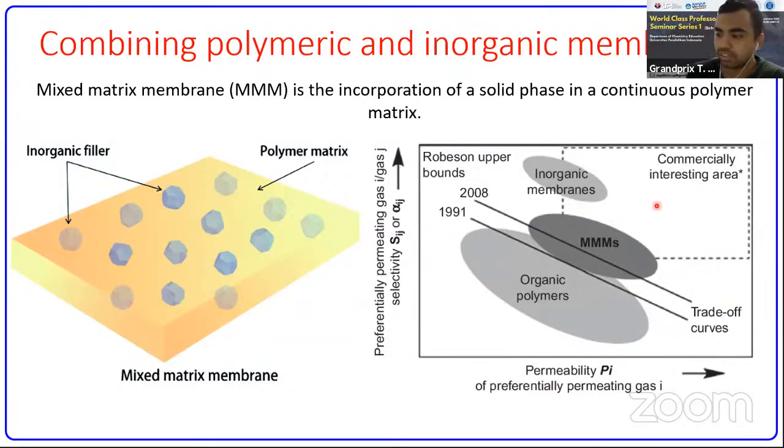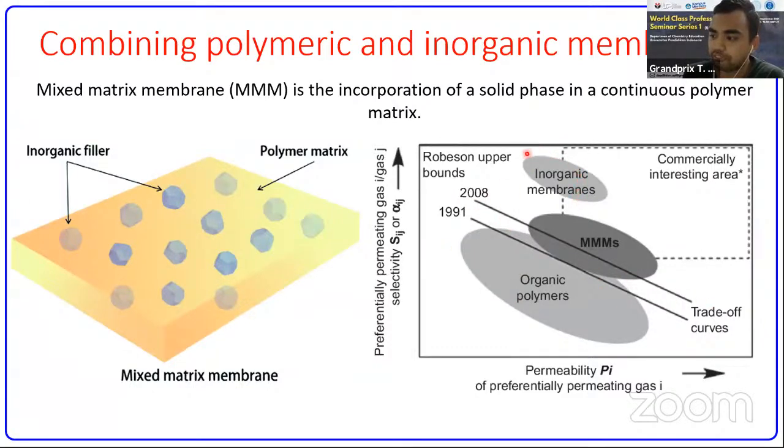As we can see here, as I have mentioned before, inorganic membranes have better separation performance compared to those of the polymers. They are high above the Robeson upper bound limit.